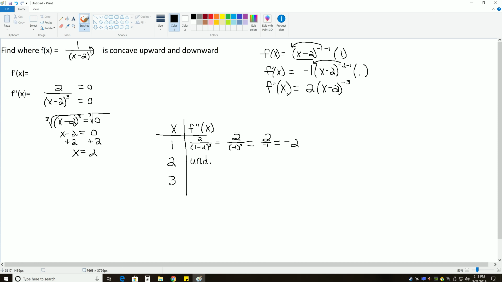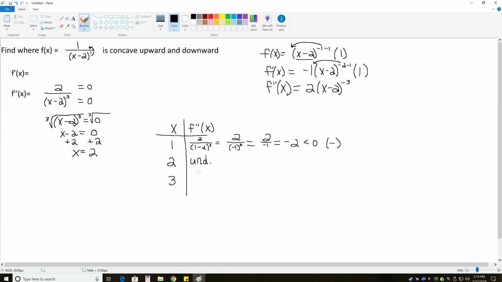Please remember, you do not have to go through this entire process. As soon as you show this value here, you can just plug it into your calculator and get the negative 2. And all we care about from this is that it is negative. It's less than 0. So we'll make a note of that. All values to the left of x equals 2 will have a negative second derivative. That's what being a partition number is all about. Every number to the left of it will have a negative second derivative.